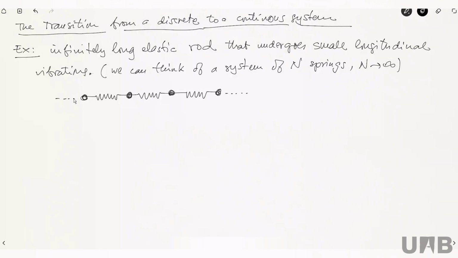The mass of all these particles at the end of the springs is the same for all of them. So this is M, the mass of all these particles here at the end of the springs.